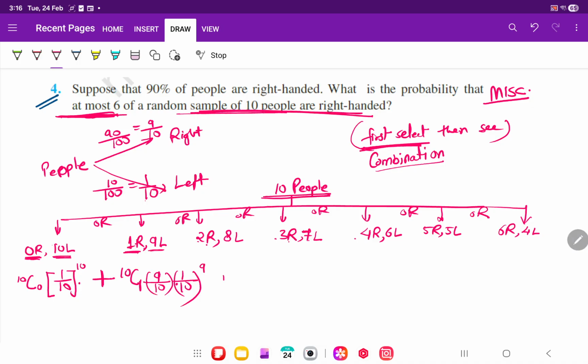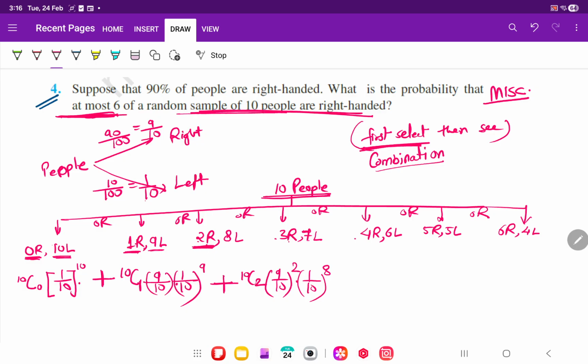That's why the power. Or 10C2, 2 right-handed people are selected out of 10, so that is 10C2, and the right-hand probability is this, and left-hand is 1 by 10 power 8.